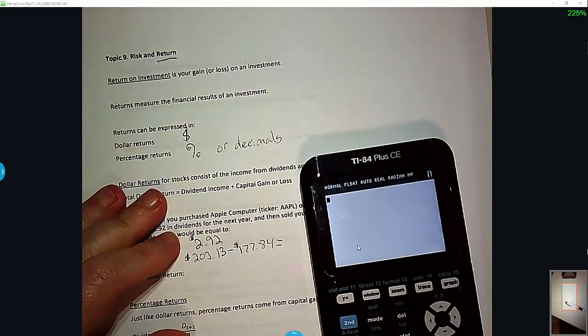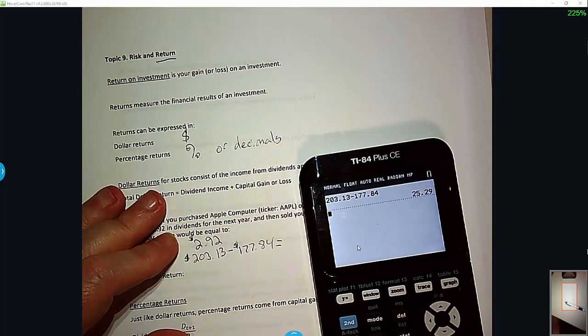So our capital gain is equal to 203.13 minus 177.84, or $25.29.